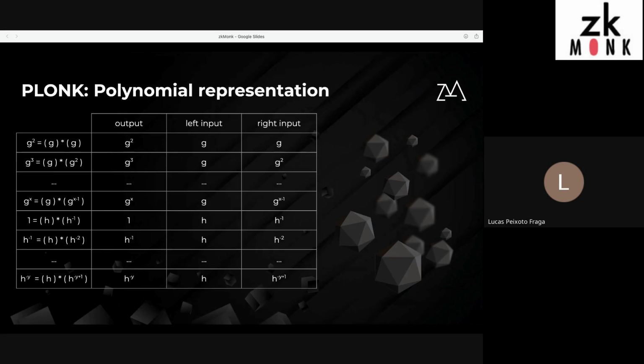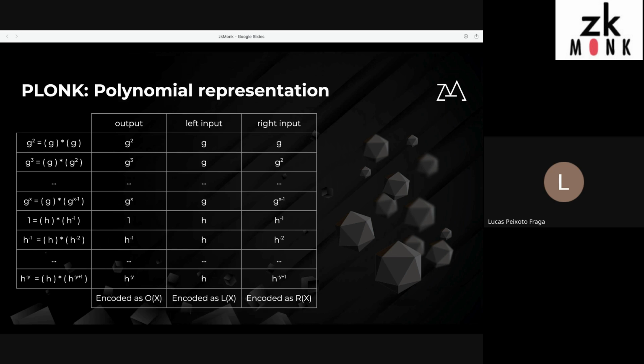So here all our gates will have one output and two inputs. And we just need three variables to represent the inputs and outputs for all equations, okay? And this is what's being done here. As before, we will represent these columns of this table. This is not a matrix, this is a table. We will represent the columns of this table as polynomials, right?